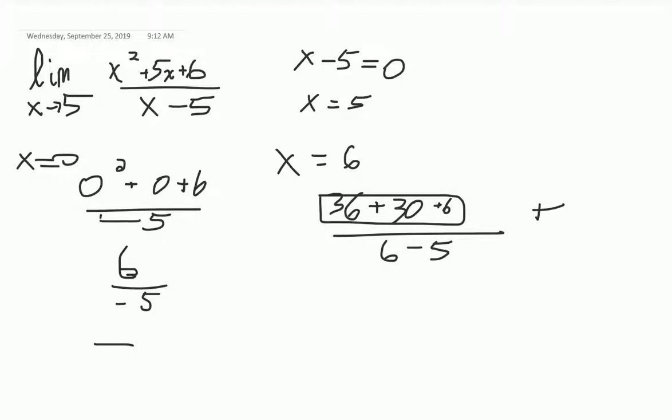Then you look at the bottom, 6 minus 5, that's also positive. So you know that this is a positive number. And what this means is that the right-hand limit is approaching positive infinity. So you have one limit that's positive infinity, one limit that's negative infinity. What does this mean? This means our limit does not exist.